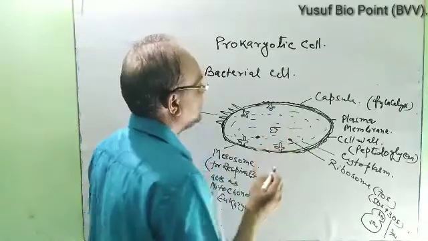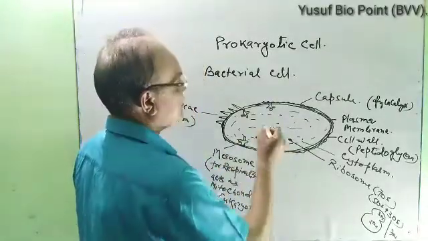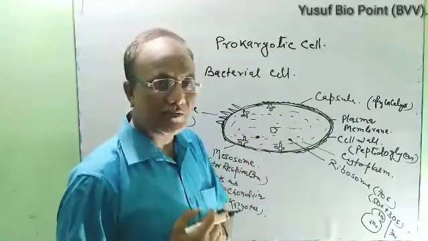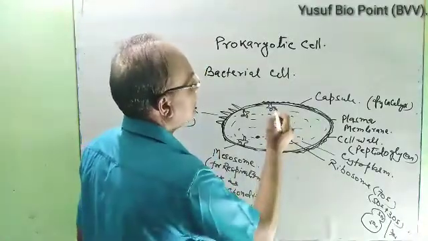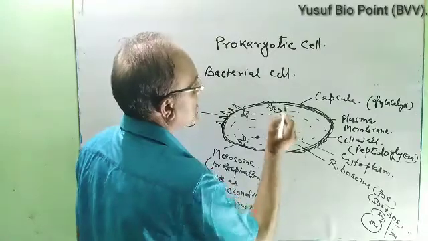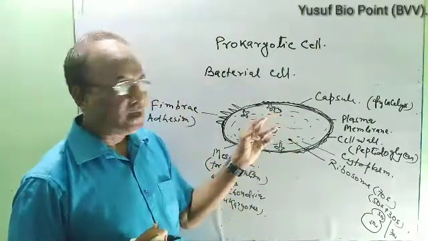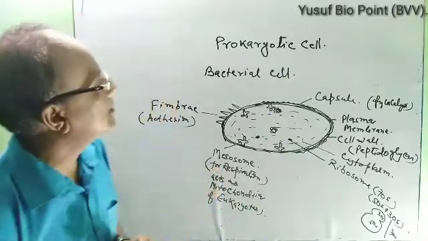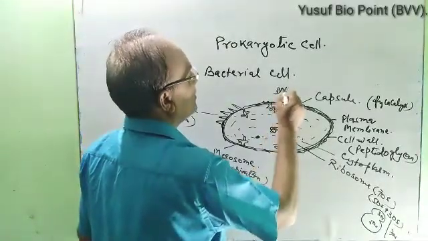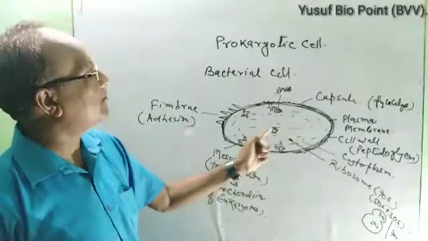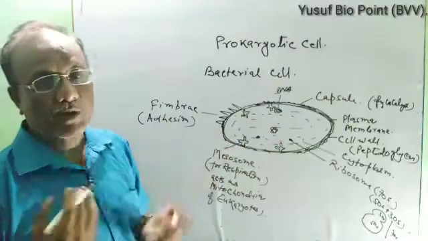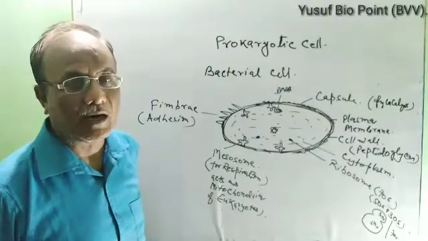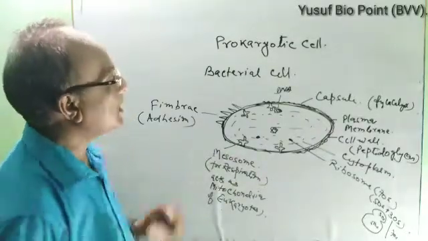Some DNA is found in a circle in the center, and that is in the non-division state, and at the time of cell division it comes to the mesosome, because mesosome also plays a role in its division.